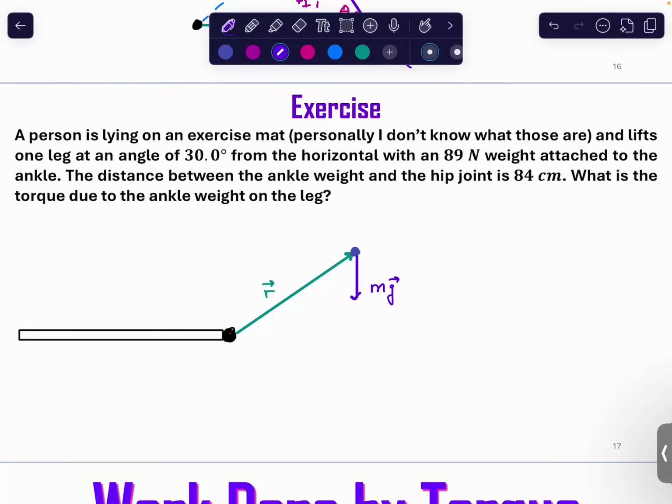Now, if we think about our mass times gravity as our force vector, then of course our perpendicular r would go right along there. We'll just say, there's my line of action. So that means, okay, so I have that.